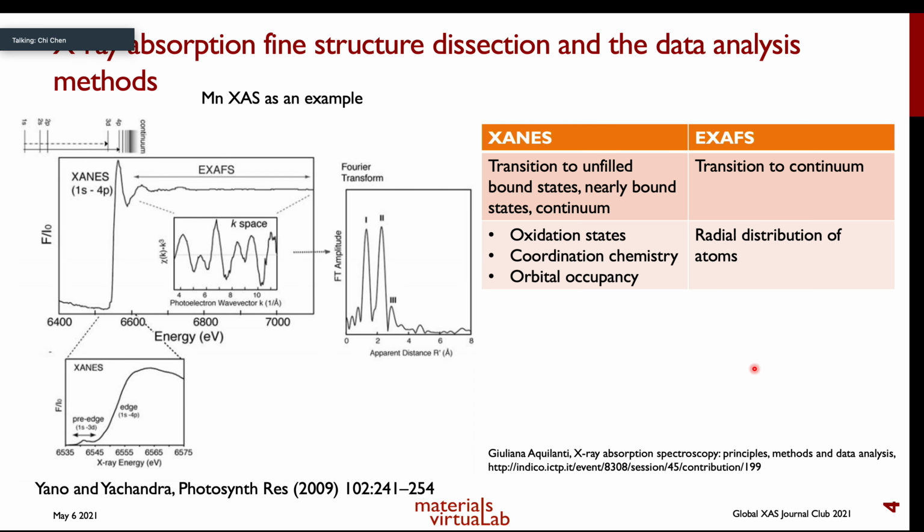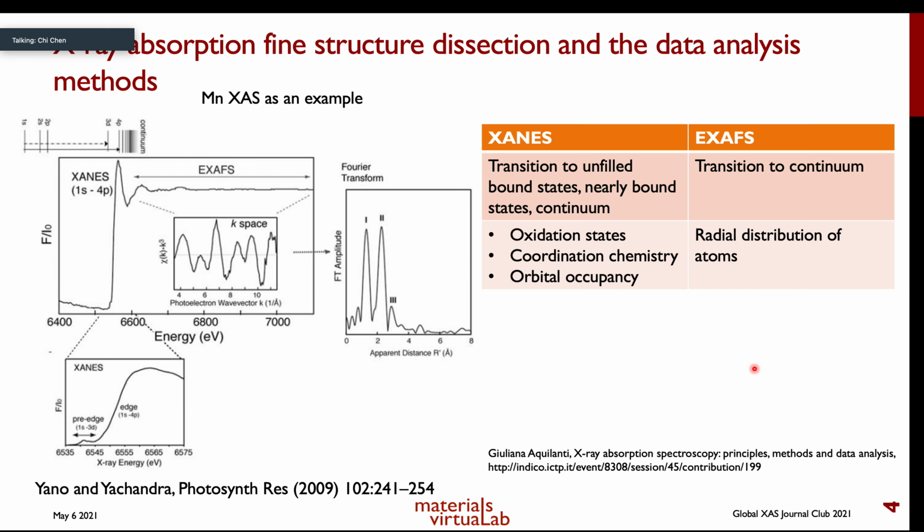The graph on the left shows a typical X-ray absorption fine structure. Depending on the energy range, people usually divide this spectrum into two regions. One is the XANES region, which is basically the sharp increase in the absorption coefficient on the left, and the rest is called the EXAFS, the extended X-ray absorption fine structure.